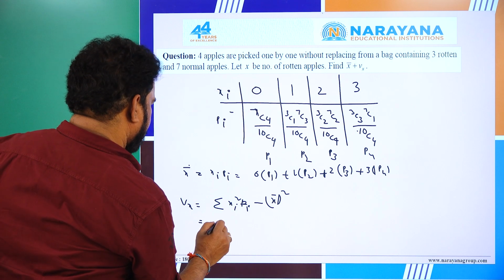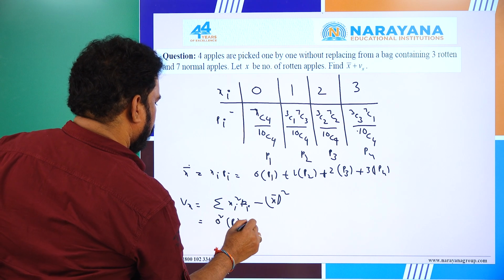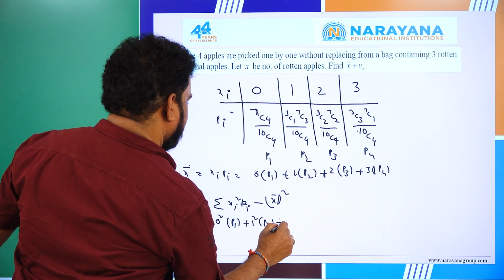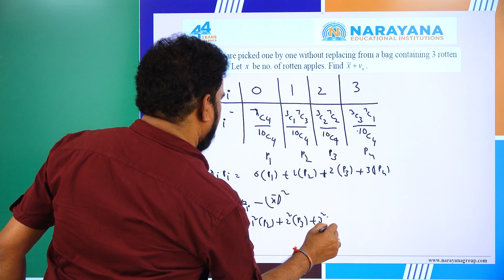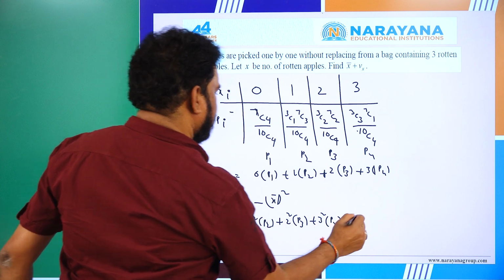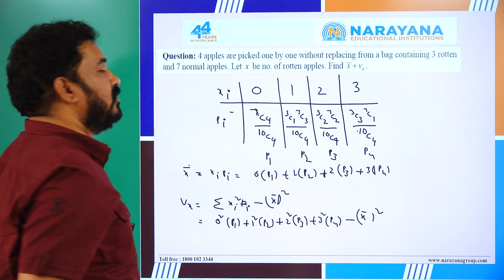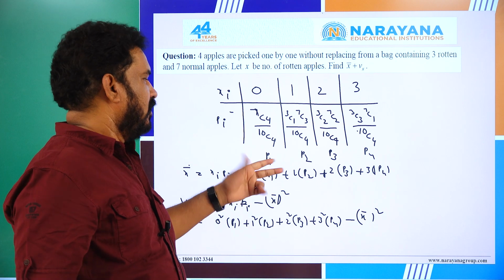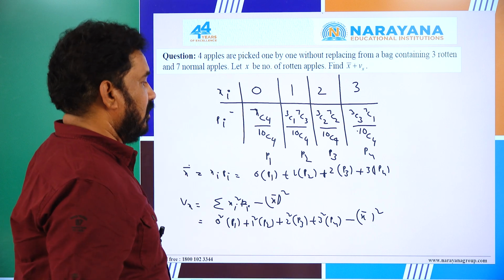So we get 0 square into P1 plus 1 square into P2 plus 2 square into P3 plus 3 square into P4 minus x bar square. Substitute these values and you will get the answer. You can calculate it, but it takes much time. Generally, this is the procedure I am telling, just try to understand this. Okay, fine. Next question.